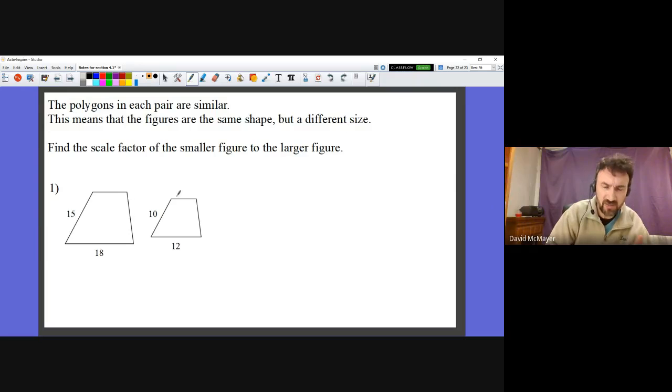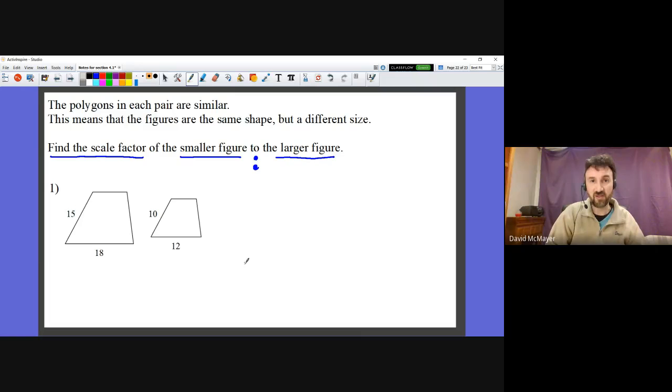We've got a couple of missing side lengths here, but there's no information on either picture, so we can't really determine the length of them. But the directions just say, find the scale factor of the smaller figure to the larger figure.